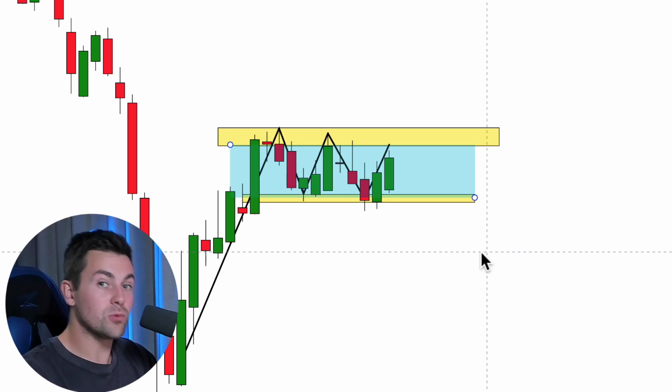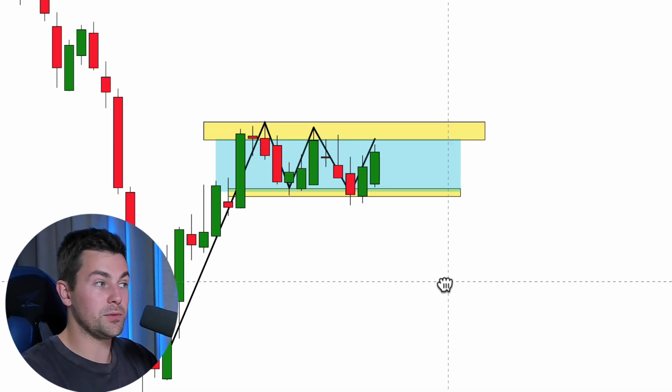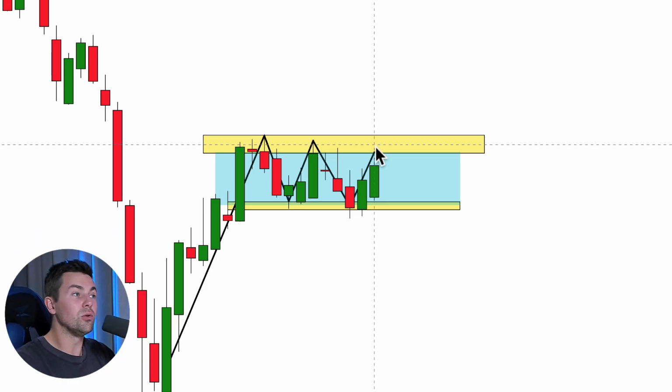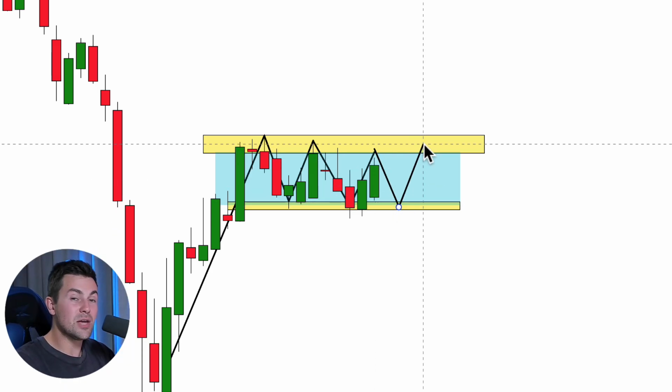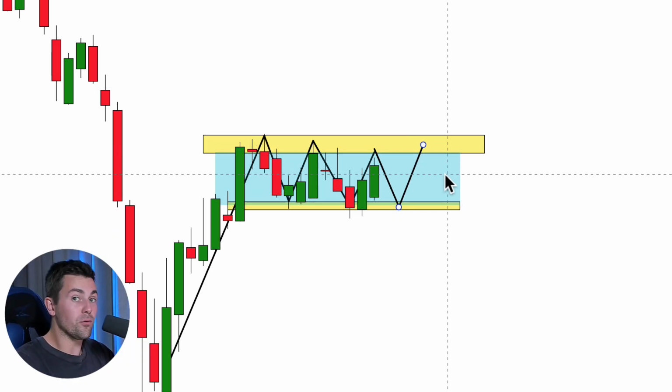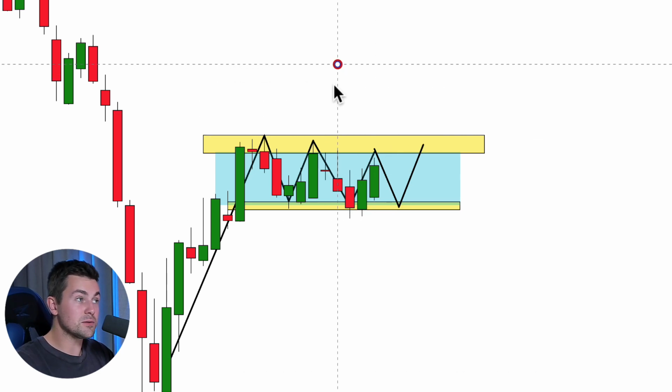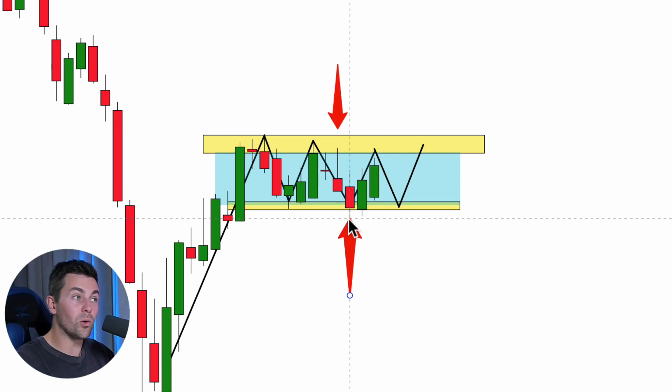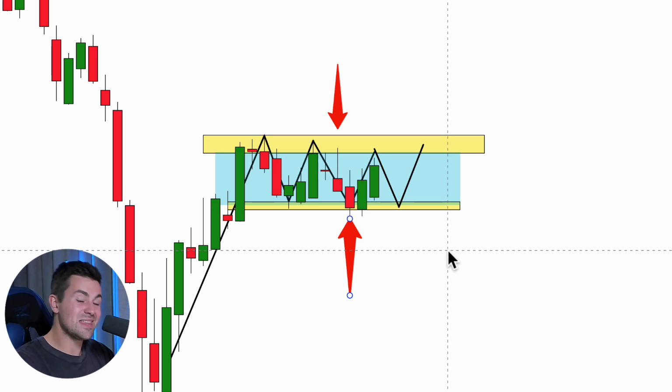And once you see the range, you should note that the price may get stuck within the boundaries of the range for a very long period of time, and we never know how long the market will stay within the boundaries of the range.